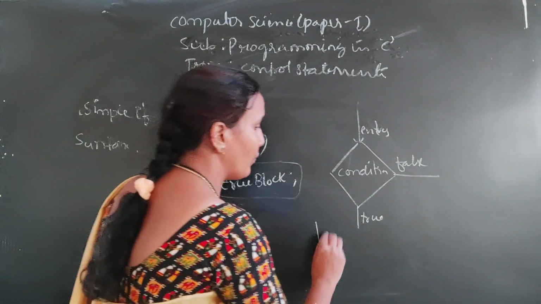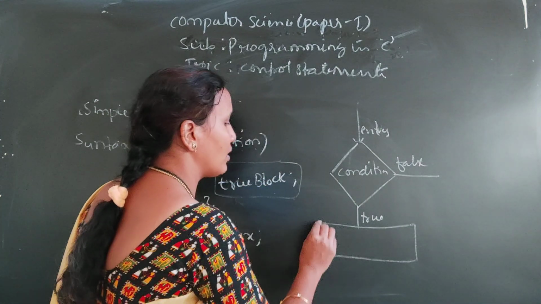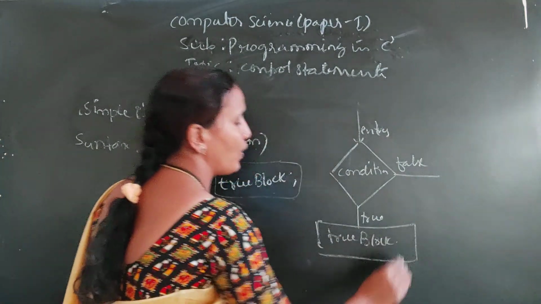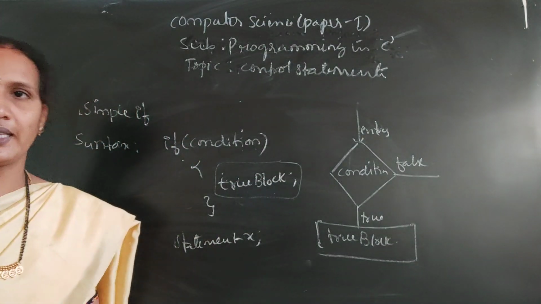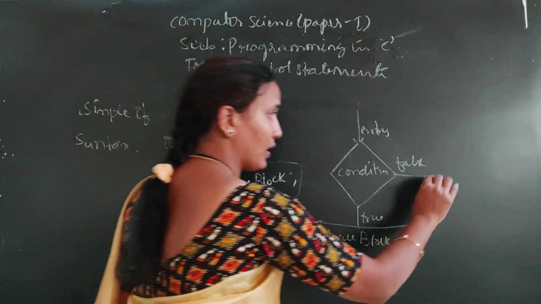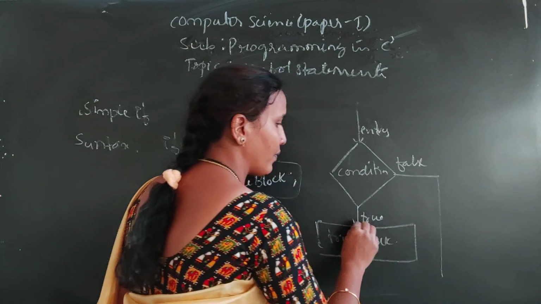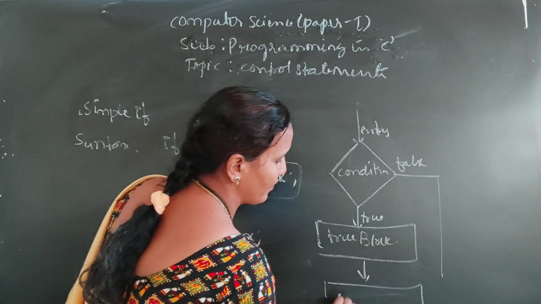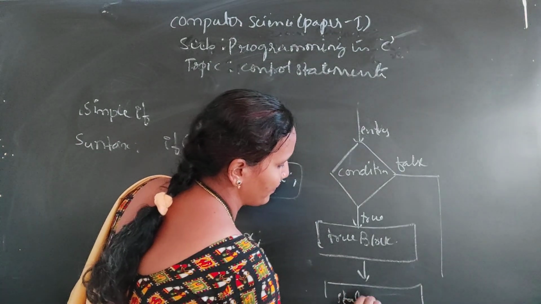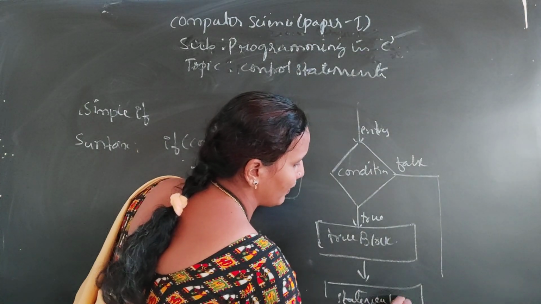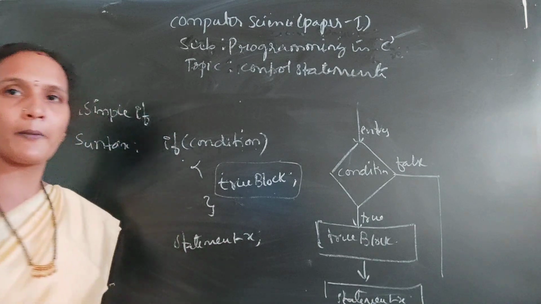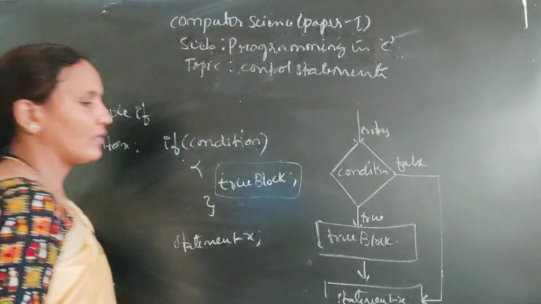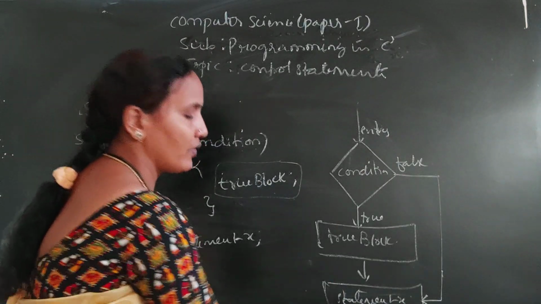If it is true, the true block will be executed. In the true block, whatever statements you have written will be executed. If it is false, then statement X. Here I have given statement X. Okay, like this. You write this. You take a screenshot of this.